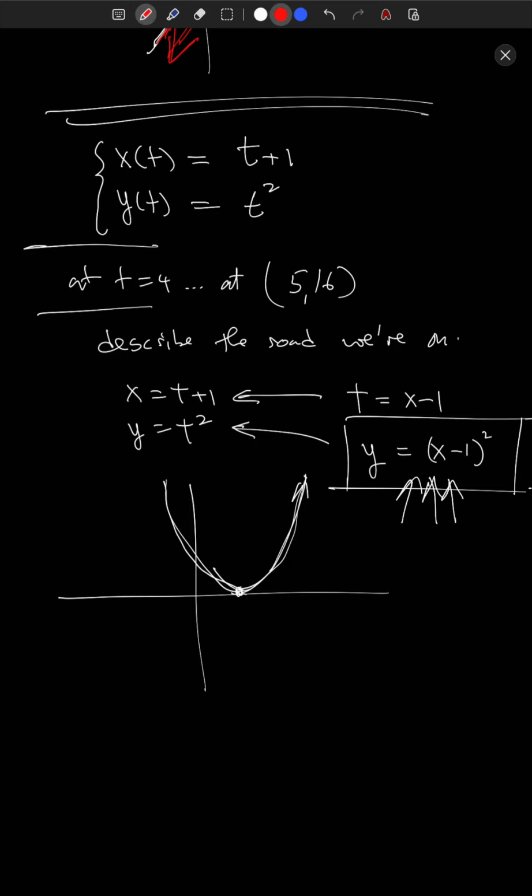It doesn't describe our actual motion along the road, whereas our original equations describe everything. They tell me exactly where I am at any time. Looking at the two equations up there, this describes motion along this parabola, driving in that direction.